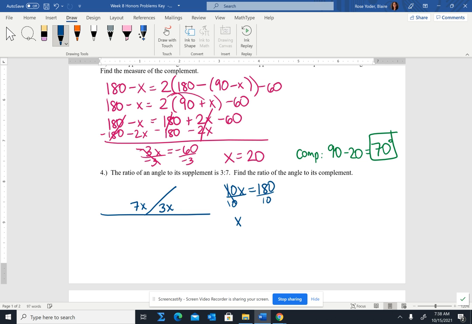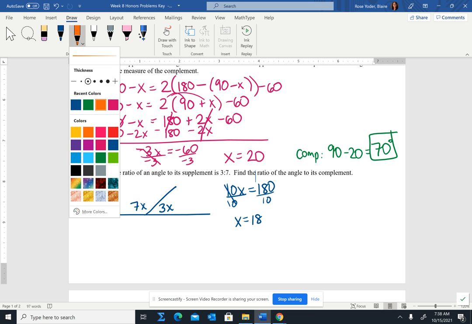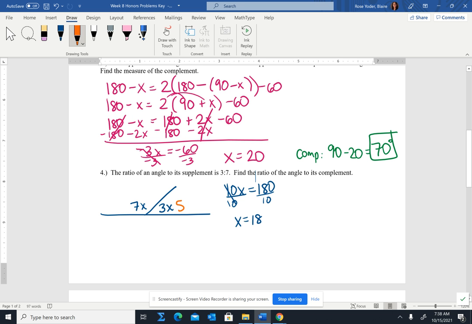So I divide and I get x is 18. 18 isn't actually one of the angle measures, but I can plug in 18 to find the angle measures. So 18 times 3 is 54 degrees, and 18 times 7 is 126 degrees.